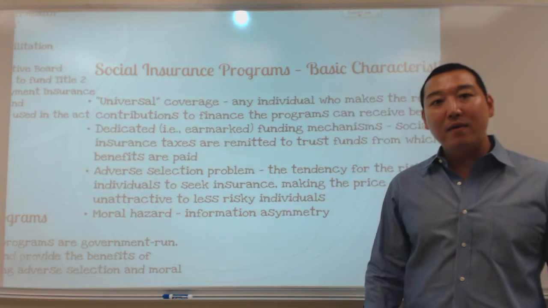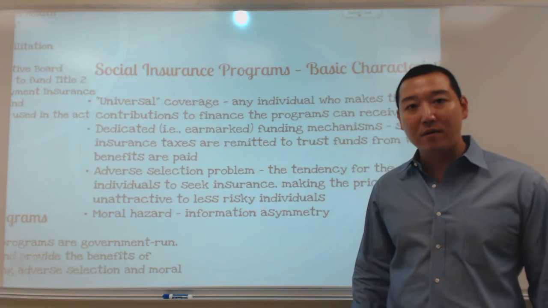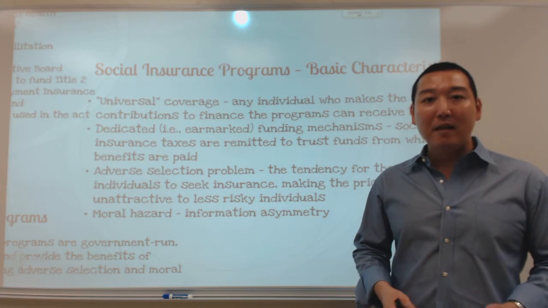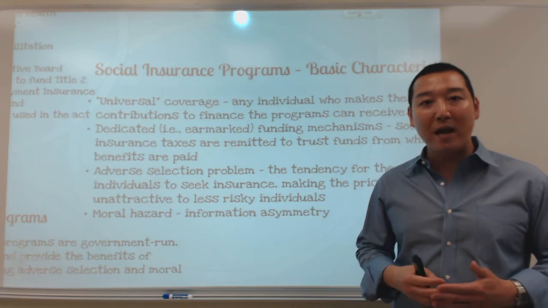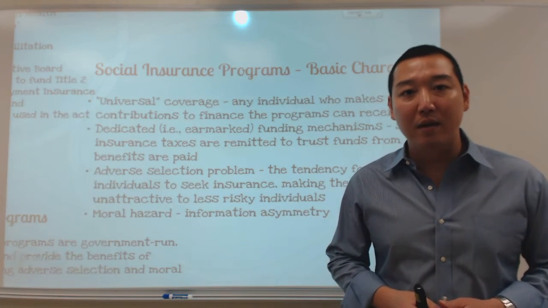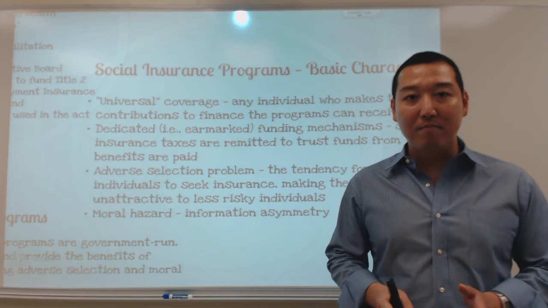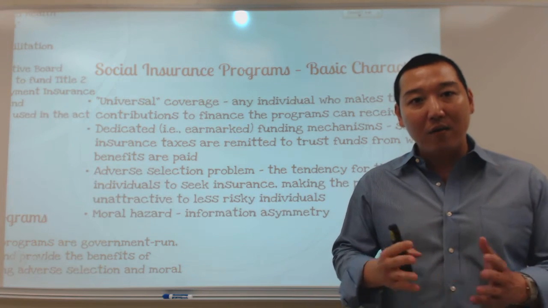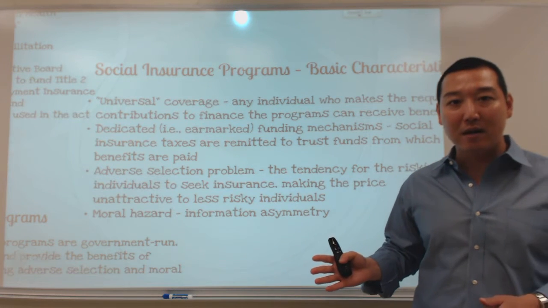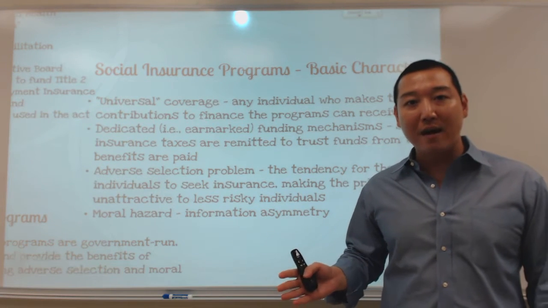And then we have a couple of other features of social insurance programs here. That is adverse selection. Not that it's characteristic of social insurance programs, but let's think for a minute about what would happen if we left insurance up to the private market, right? Insurance for healthcare, or health insurance. What if we left it up to the private market, which we had largely done before the Affordable Care Act of 2010?